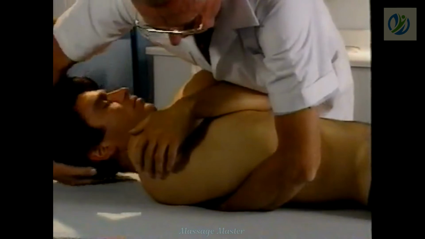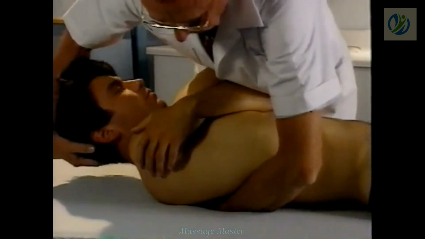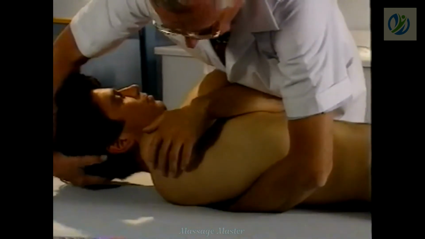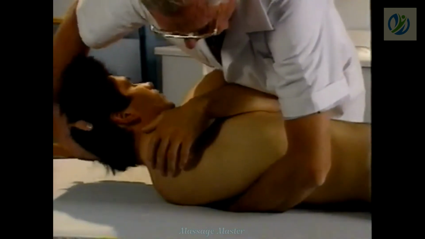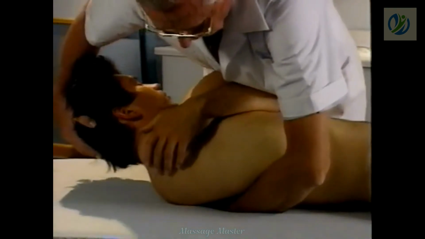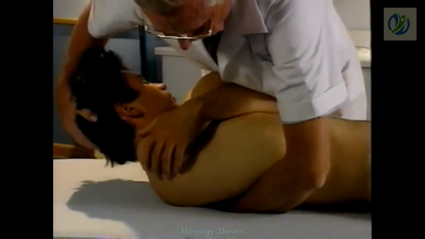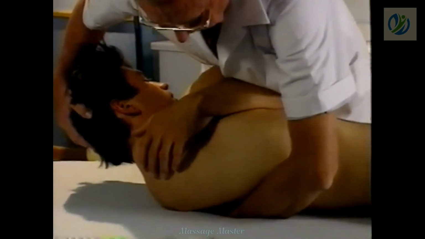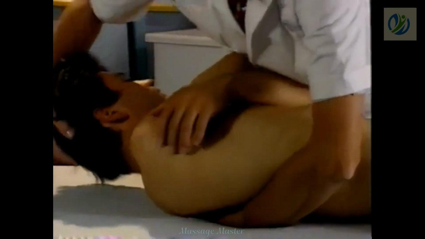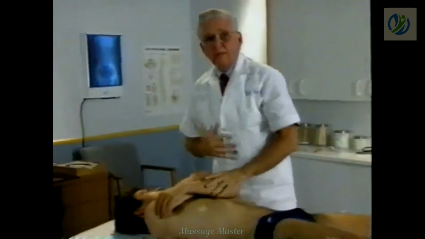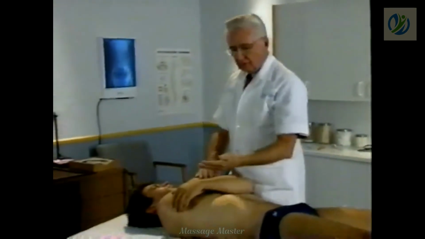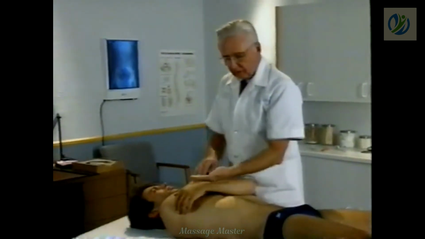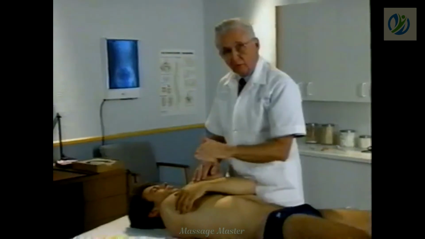Have flexion or extension sufficient to keep him in neutral, side bend him to that side, which is right side bending, rotate to the left, take up all of the slack through the lever arm to the fulcrum, breath in, Mark, and out, that helps him relax, a thrust to the fulcrum with the epigastrium. The end result is, with our thumb on the transverse processes, they rotate then to the left.